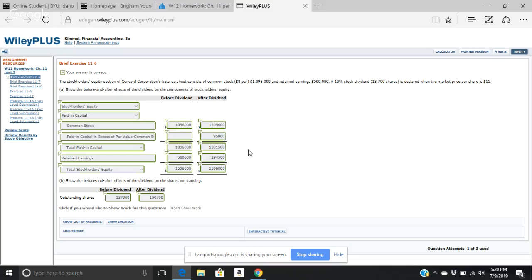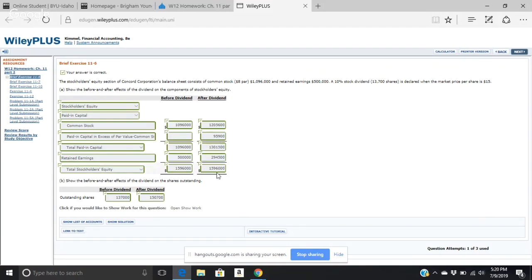And that gives us $205,500. We are going to take that $205,500 and subtract it from the $500,000. And $500,000 minus $205,500 will give us the $294,500.